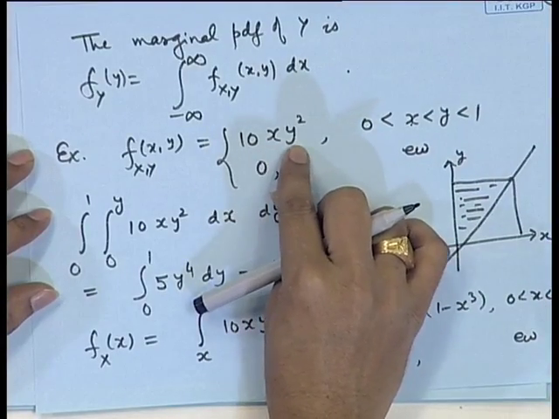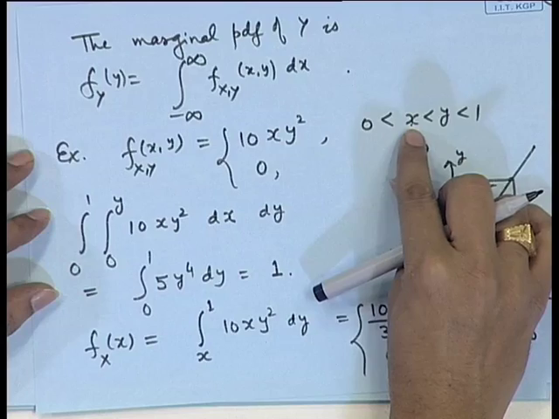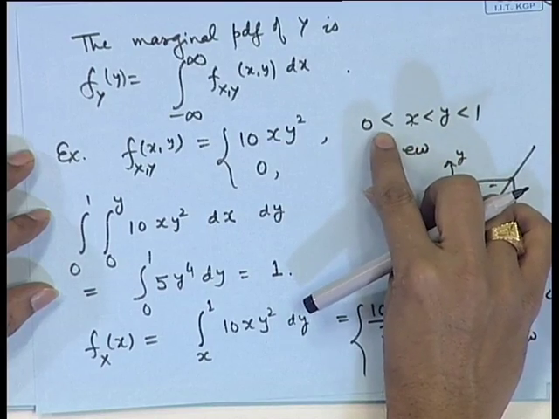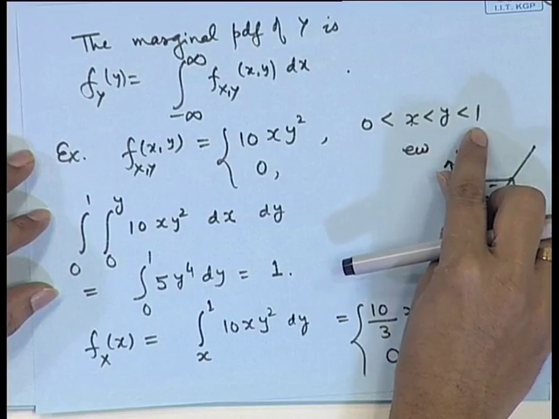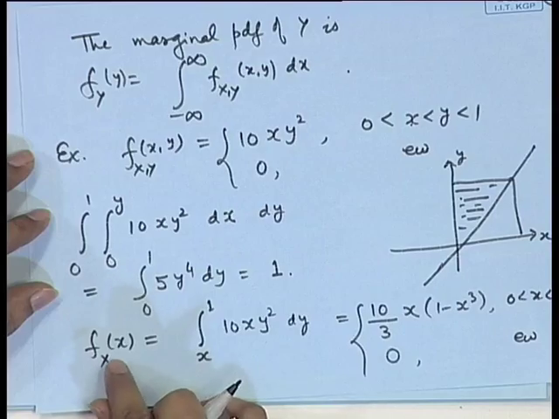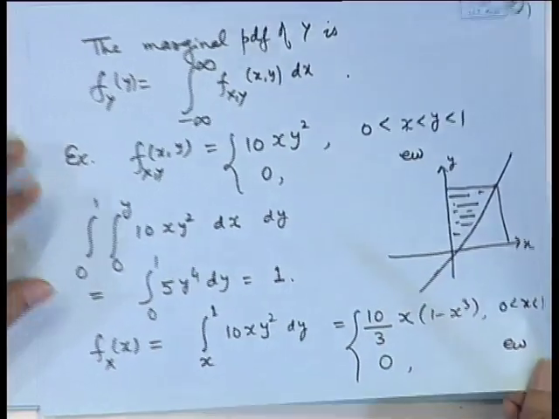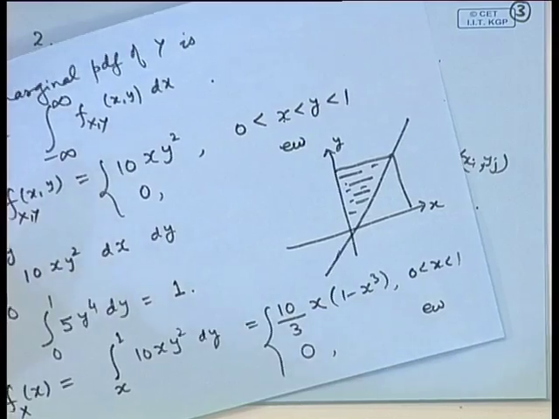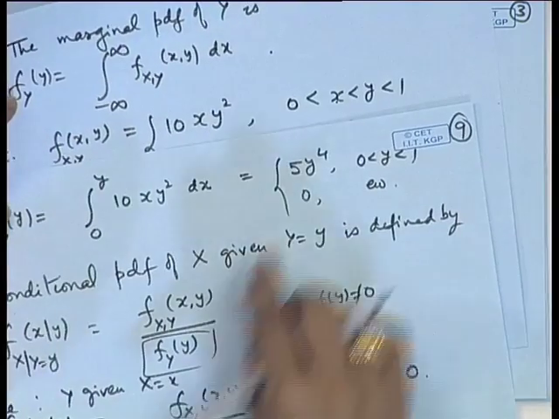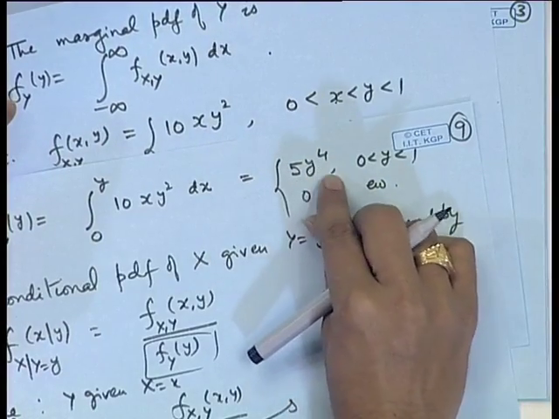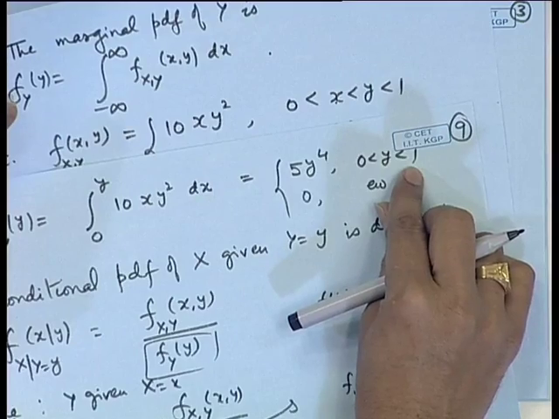On the other hand, if we consider a distribution such as f(x, y) equal to 10 x y square, where x and y satisfy the condition 0 < x < y < 1, then the marginal distribution of X is 10/3 x (1 - x)^3 and the marginal distribution of Y is 5 y^4, 0 < y < 1.